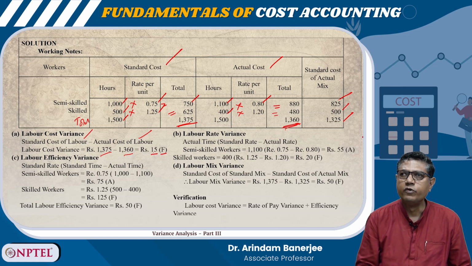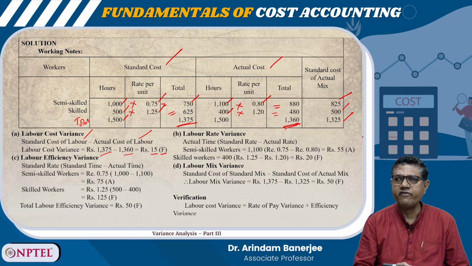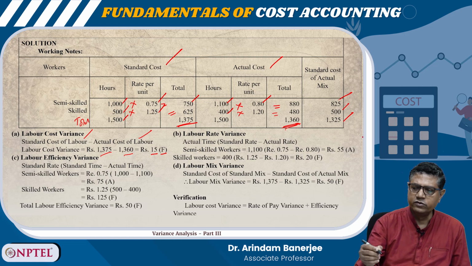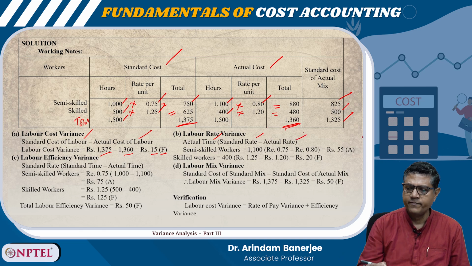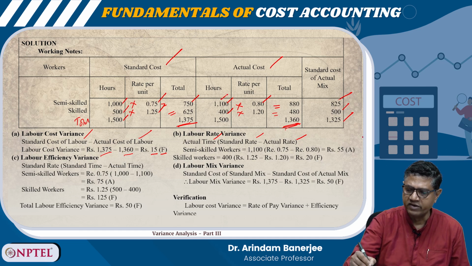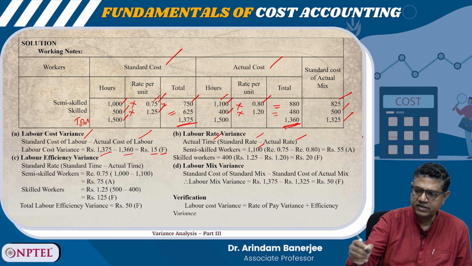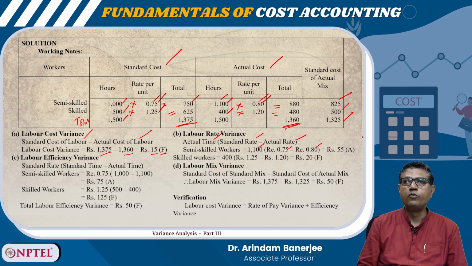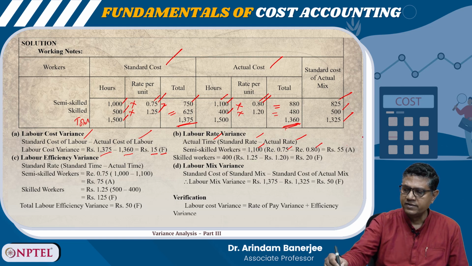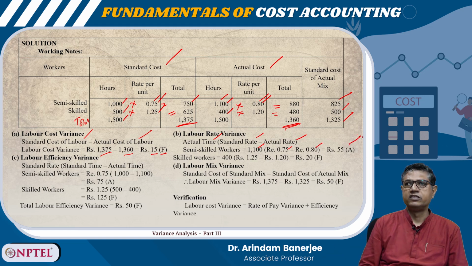We can also see the labor rate variance. Labor rate variance is equal to actual time into standard rate minus actual rate. For semi-skilled workers, the actual time is 1100, standard rate is 0.75, and actual rate is 0.8. Actual rate is more than the standard rate, so it is adverse, 55 adverse.